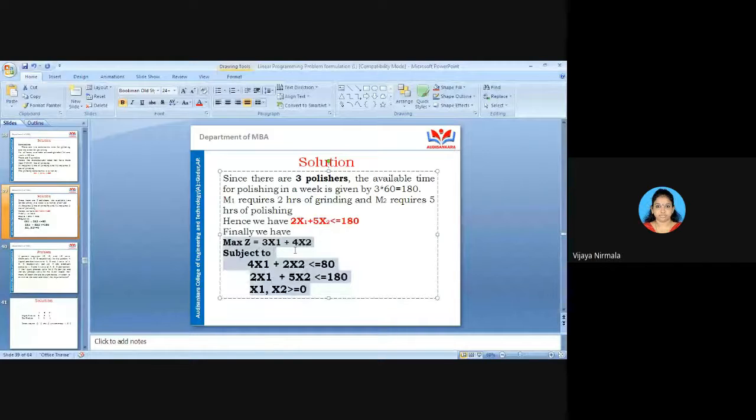Max Z is equal to 3x1 plus 4x2 subject to the constraints 4x1 plus 2x2 less than or equal to 80, 2x1 plus 5x2 less than or equal to 180, and x1, x2 are always greater than or equal to 0, the non-negativity that we have to write every time. So this is how you write the problem. I hope you understood.